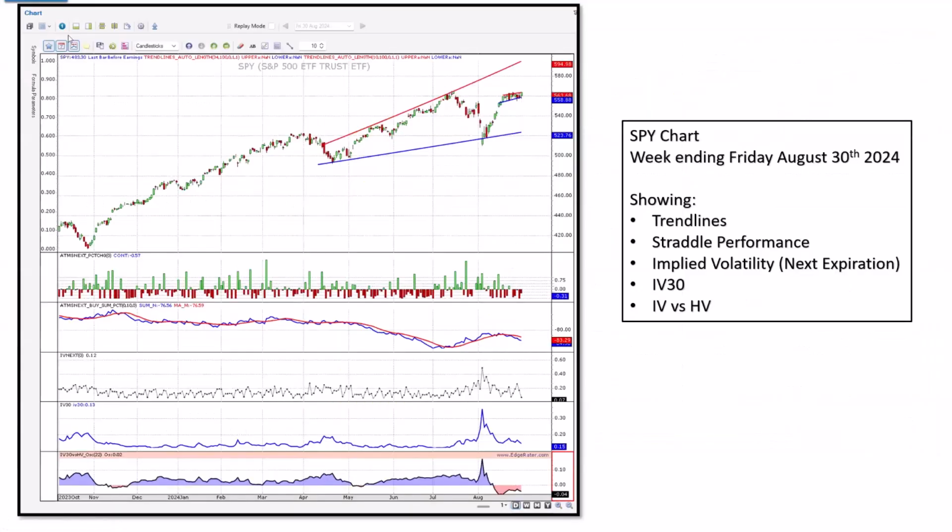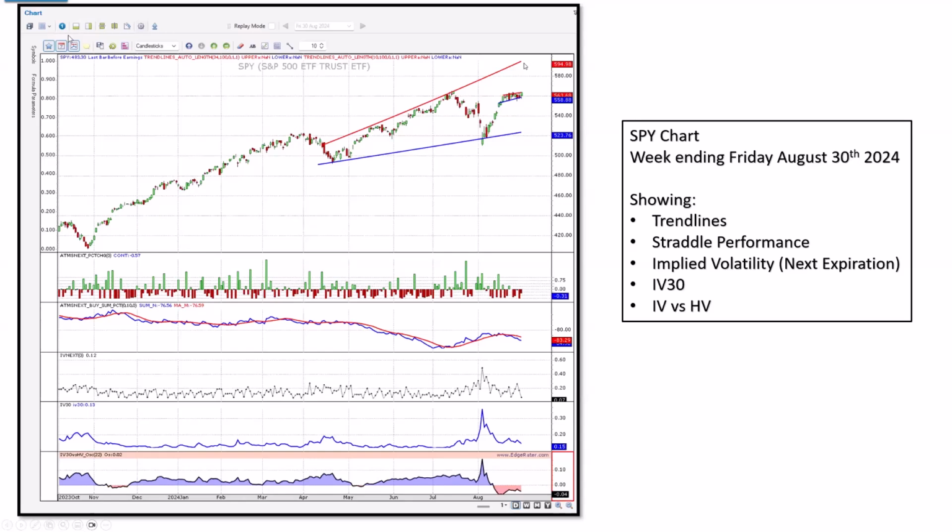But then taking a step back and looking at SPY, going back, using the trend line feature, which was something I talked about in the last webinar that I did. I've now put two trend lines on, a longer term trend line and a shorter term trend line. So you can see in the longer term, you actually have room here on the upside as you get to these, draw a line to the highs here.